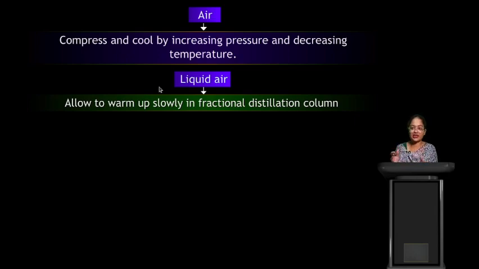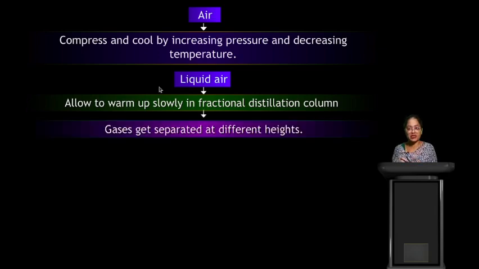So this liquid air is allowed to warm up very slowly. The same column is used here. And then what happens? The gases get separated at different heights. One gas has one boiling point, the other gas has a different boiling point.